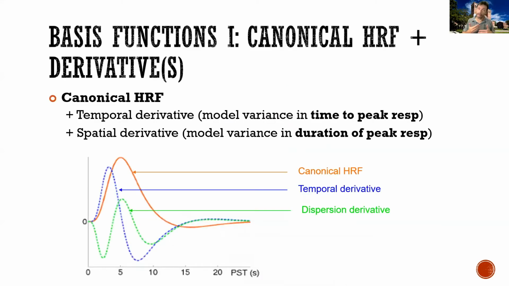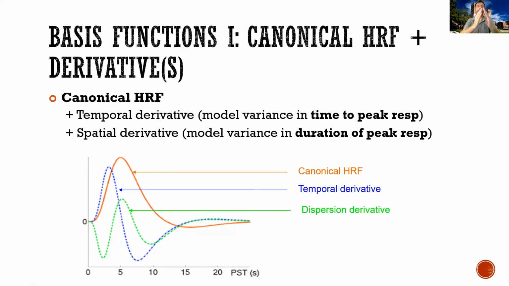And of course, you can keep playing this game. You can keep expanding the number of basis functions. So for example, instead of just having the canonical in red and the temporal derivative or the first derivative in blue, you could have three basis functions. You can have the canonical, the first derivative, and also the second derivative, also known as the dispersion or spatial derivative.